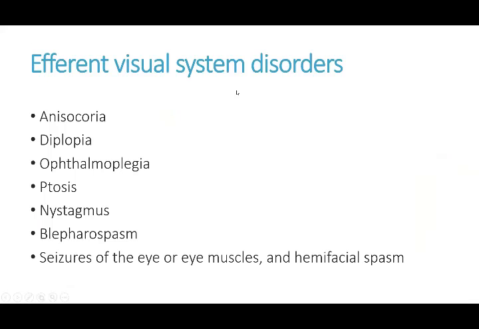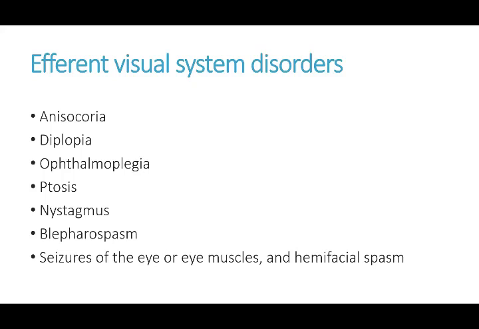So now we are going to talk about the efferent visual system disorders, from the retina to the occipital cortex. Anything that happens in that area will cause these effects. These are signs. So if we can identify signs, we can identify the disease.